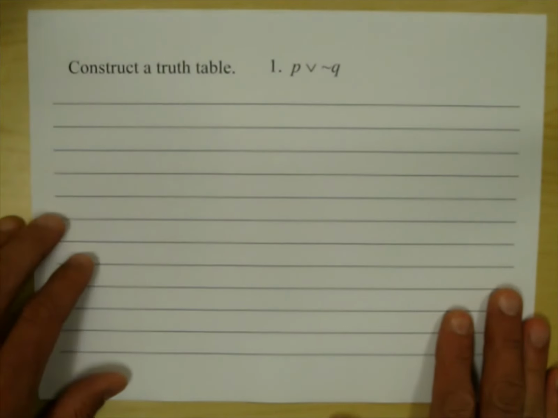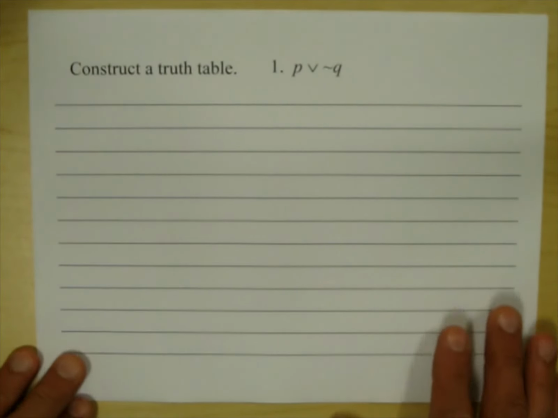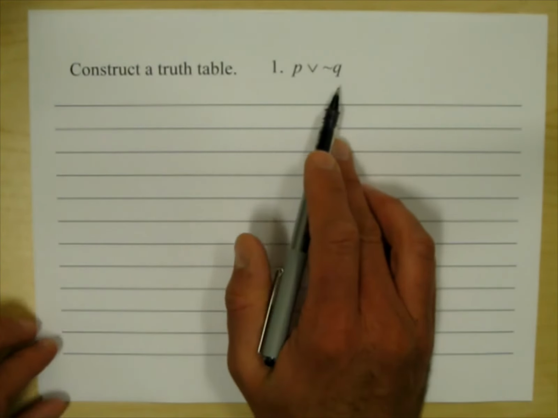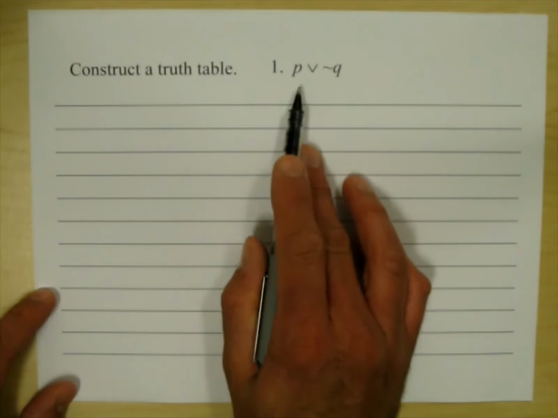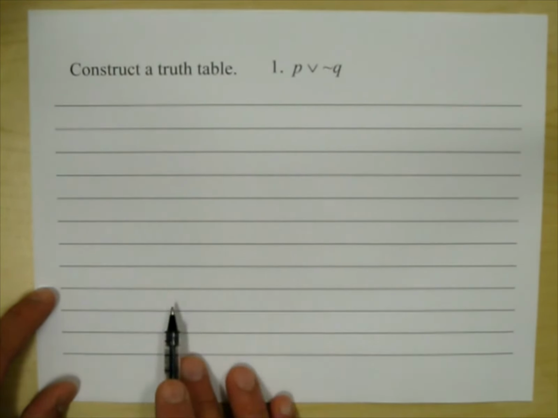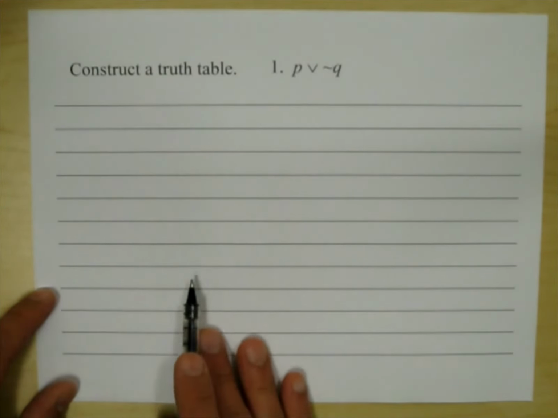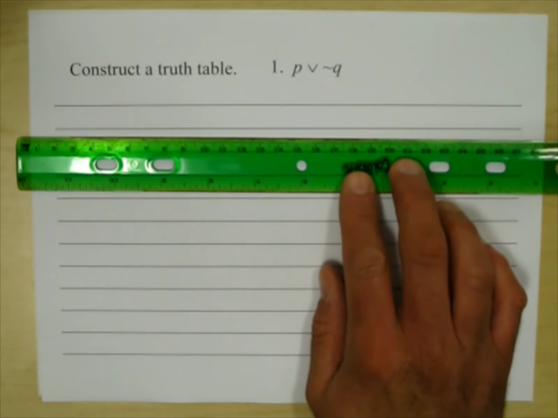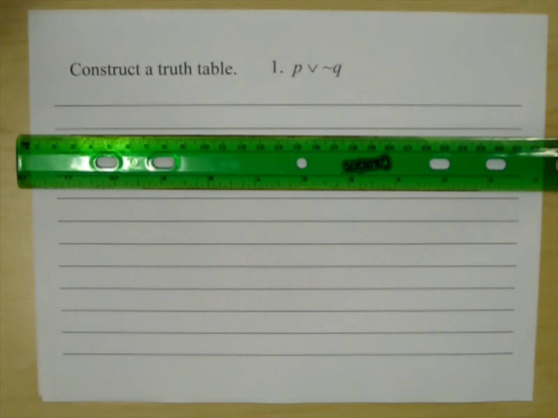Construct a truth table for this statement here. Now I have to warn you that truth tables are going to be easier if you have lines. So I made some lines on this paper, so if you have line paper you can see if you can do some of these.